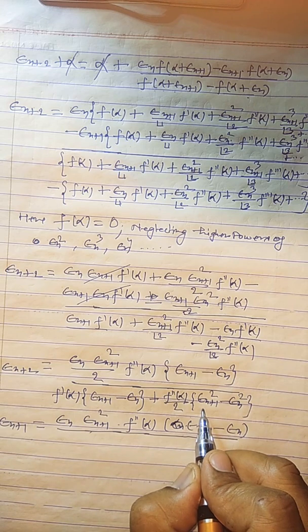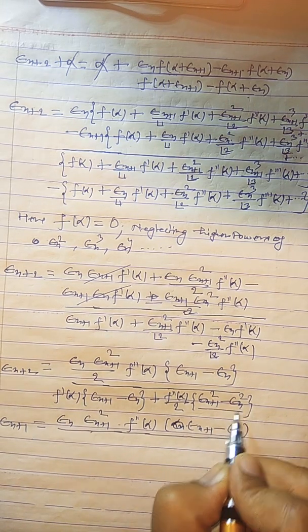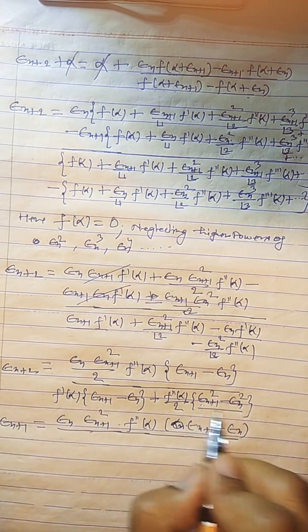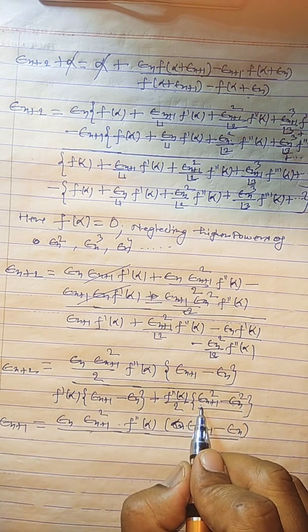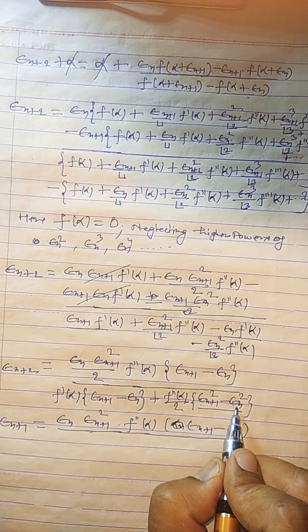Here we can apply the formula of a square minus b square, that is a plus b, a minus b. A minus b means epsilon n plus 1 minus epsilon n.